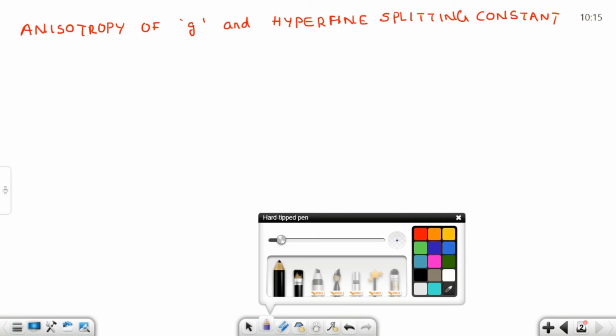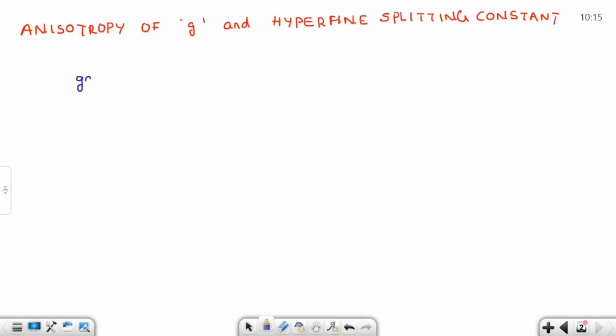Here you observe that when you take any molecule or matter in gaseous state or liquid state, the same molecule can also be present in solid state.